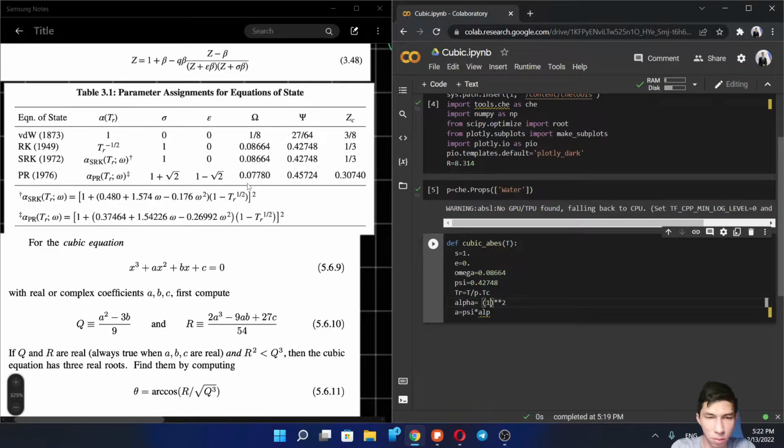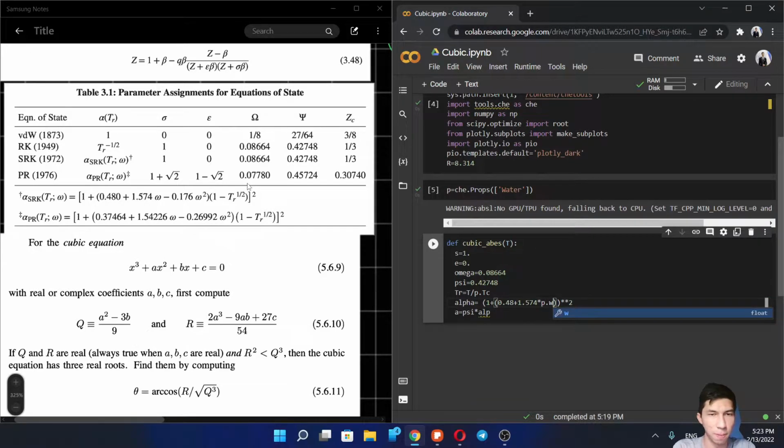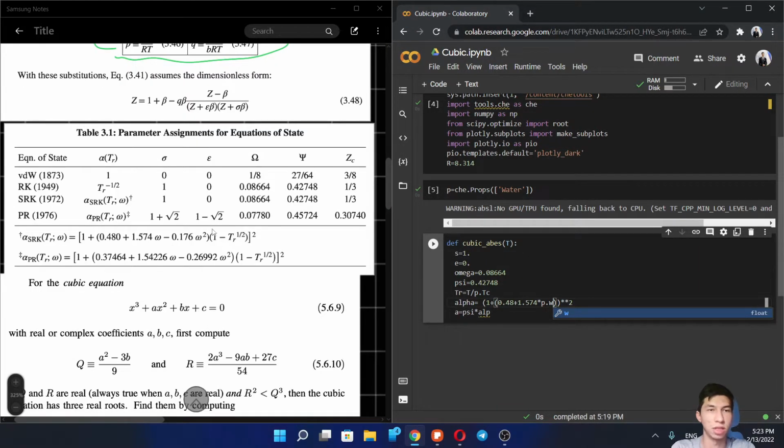So it's going to be 1 plus 0.48 plus 1.574 multiplied by omega. So this is the omega value, sorry, this value here.